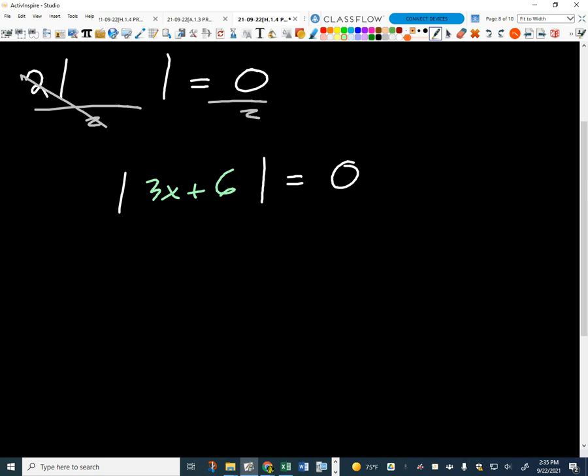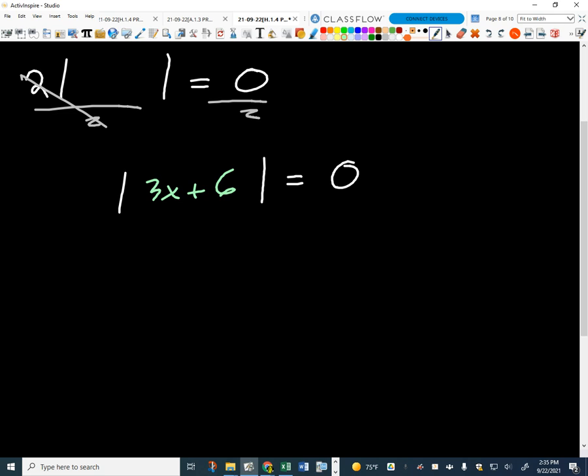What are the two equations I'm going to get? Kind of weird, right? If this were a 10, what would they be? Okay, yeah, 3x plus 6 could either equal 10 or it could equal negative 10, right?